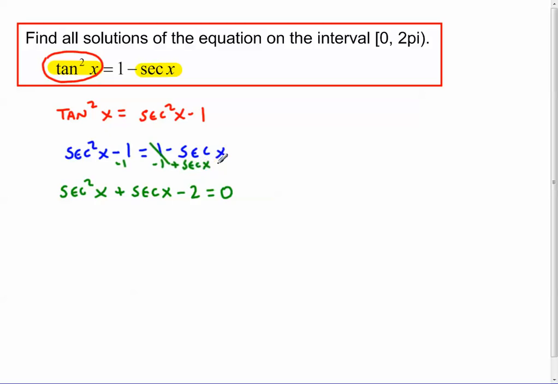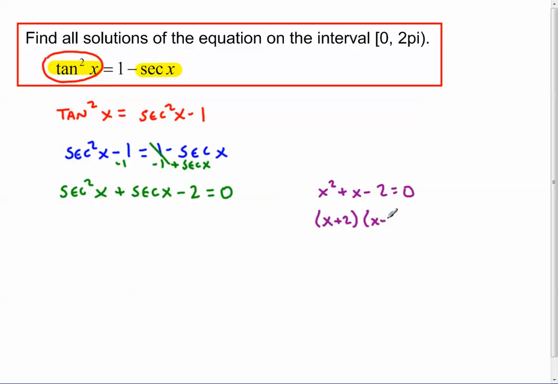And I wrote it the way I did because I want it to look like a trinomial, like I said, from Algebra 1, Algebra 2. Okay, so I'm going to go off to the side here. If this doesn't look familiar to you, well then think about this. If I gave you something like x squared plus x minus 2 equals 0, how would you factor something like that? And hopefully we can look at this and see, oh, all right, that would be x plus 2 and x minus 1.